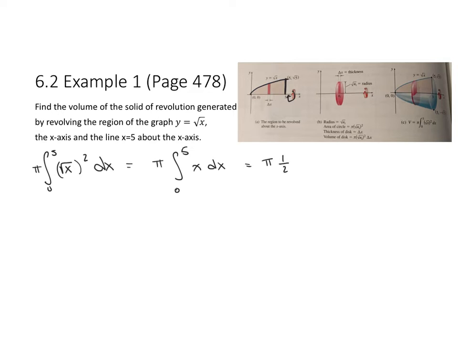That's going to be 1/2 x squared evaluated from 0 to 5. The pi will just come for the ride. I could actually move the 1/2 out there to come for the ride also. And then 5 squared minus 0 squared. So that's 25 over 2 pi. And that's the volume of this solid.